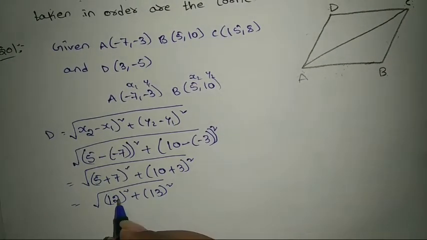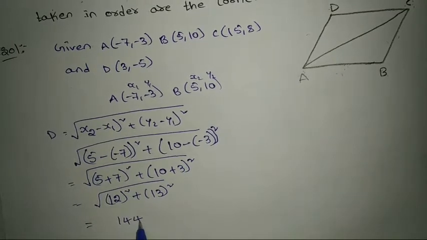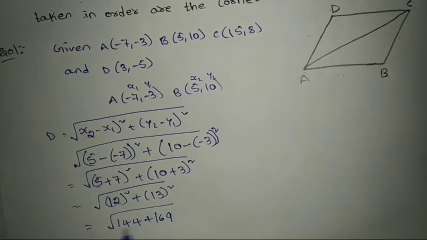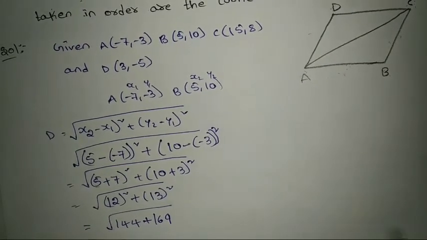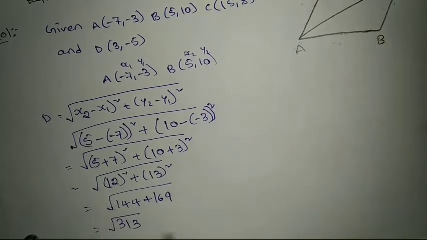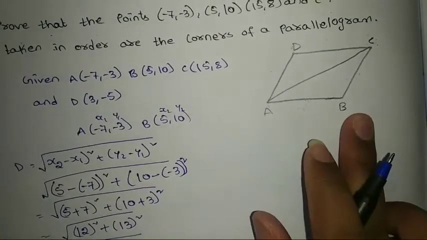So 12 into 12 is 144 plus 13 into 13 is 169. If you add these two values, you will get root of 313. Okay, so AB distance is root 313.